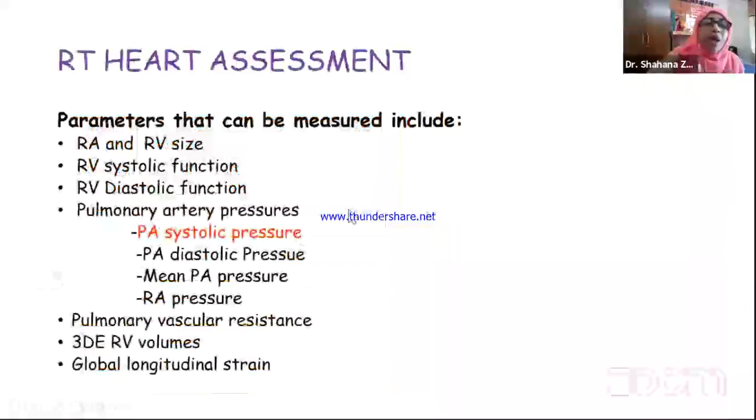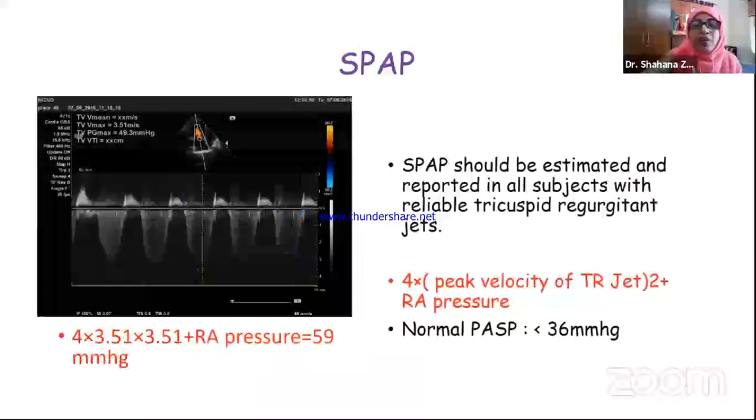Now, pulmonary artery pressure. Pulmonary artery pressure measurement and pulmonary hypertension are another lecture. I will describe some brief measurements regarding right heart assessment. First of all, pulmonary artery systolic pressure.